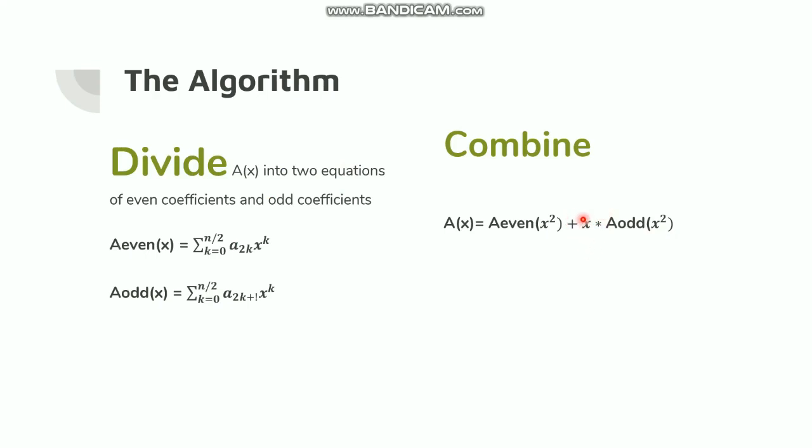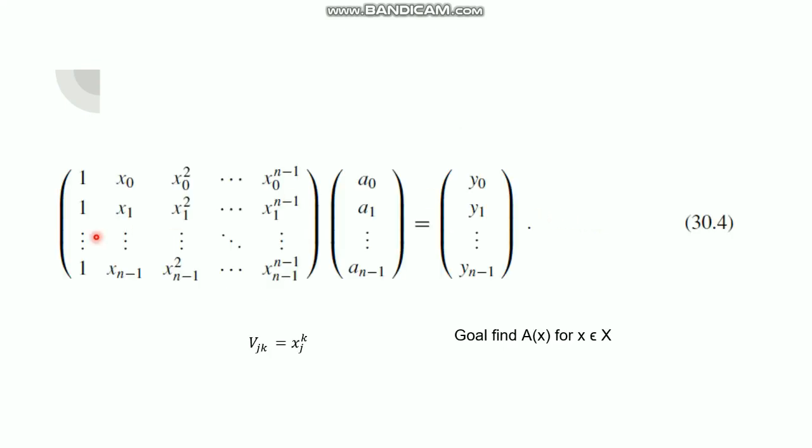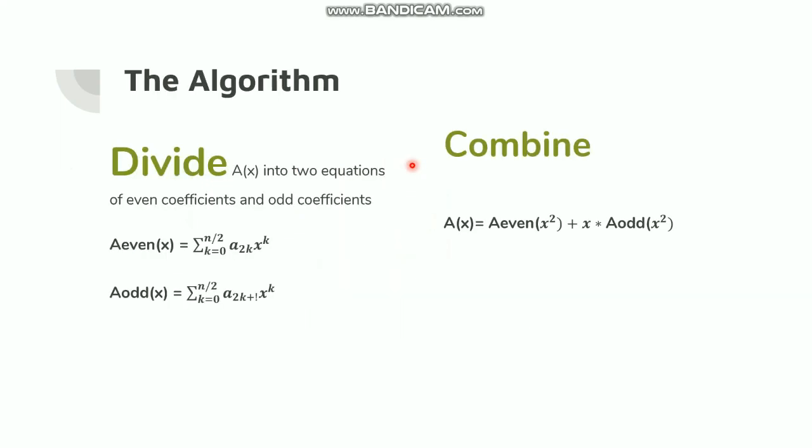So instead of 0, 2, 4, 6, 8, we would get 1, 3, 5, 7, and so on and so forth. So we already have the divide and the combine.